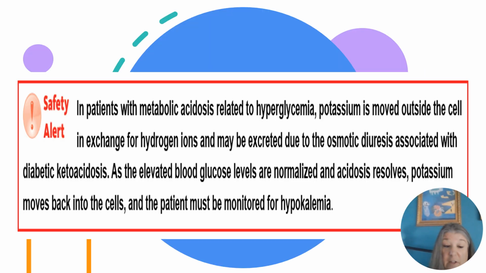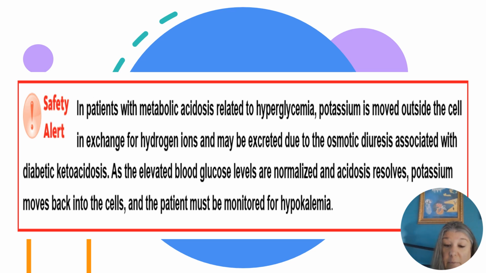This is a safety alert. This is slide 61. In patients with metabolic acidosis related to hyperglycemia, potassium is moved outside the cell in exchange for hydrogen ions and may be excreted due to the osmotic diuresis associated with DKA, diabetic ketoacidosis.